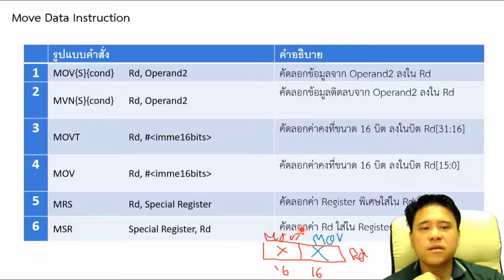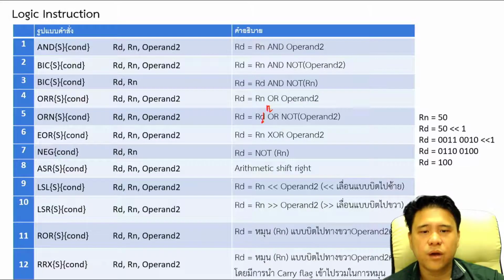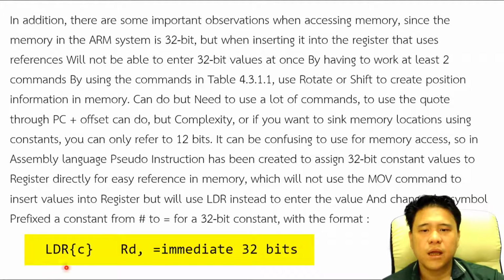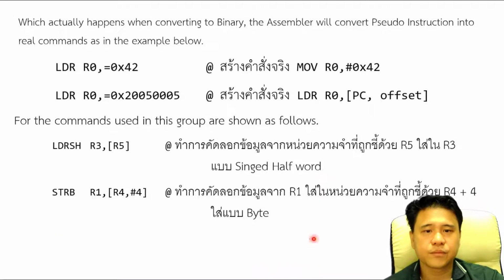But if you would like to put a whole constant inside the 32 bits of Rd, then you change your command into load, not move anymore. LDR Rd, comma equal to a 32-bit immediate. By using this, it will copy 32 bits and place them into Rd directly for use without doing anything else.